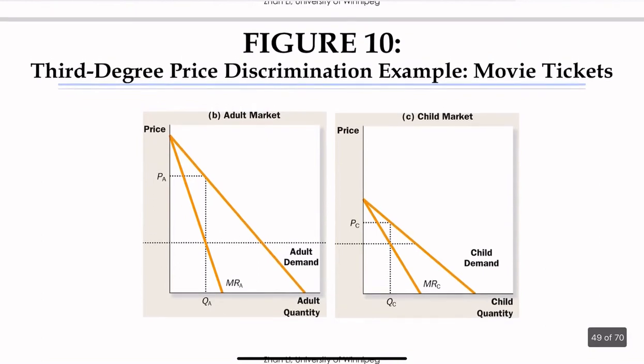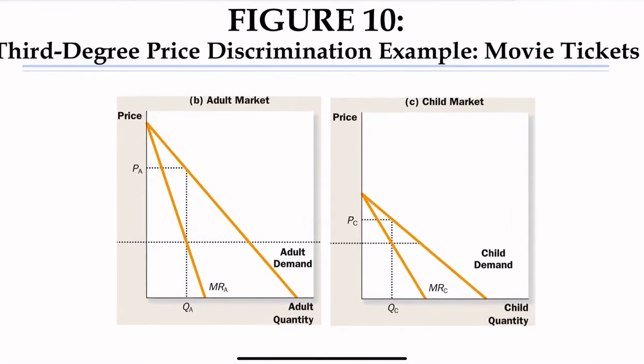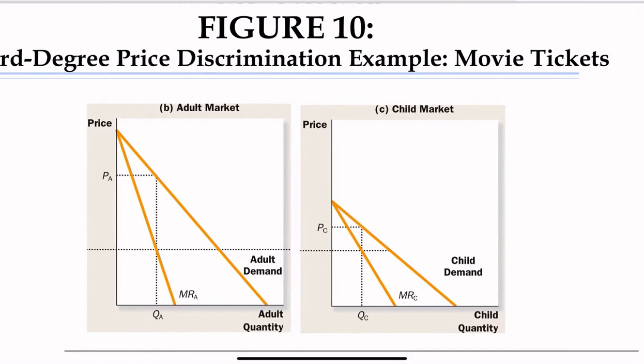So let's see one example about third degree price discrimination. This is about movie tickets, and it's pretty much a real life example. Now, what you can see here is we have two types of customers, right? So we have adult versus child. And adult and child have different demand curves. To be more specific, in the adult market, customers are willing to pay a higher price.